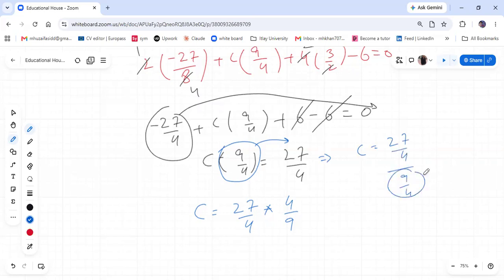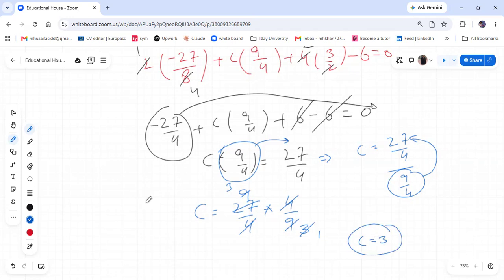In general, when we move to the other side, the numerator is converted to the denominator and the denominator to the numerator. So the 4 is cancelled, and this is 3, and this is 9, which gives 3 over 1. So c is equal to 3. We have found the value of c.